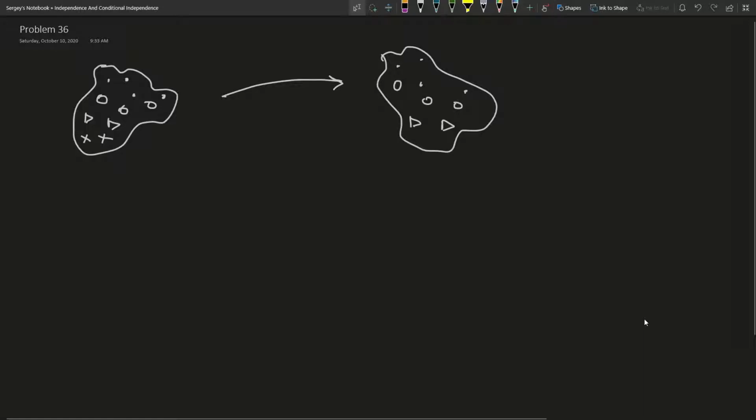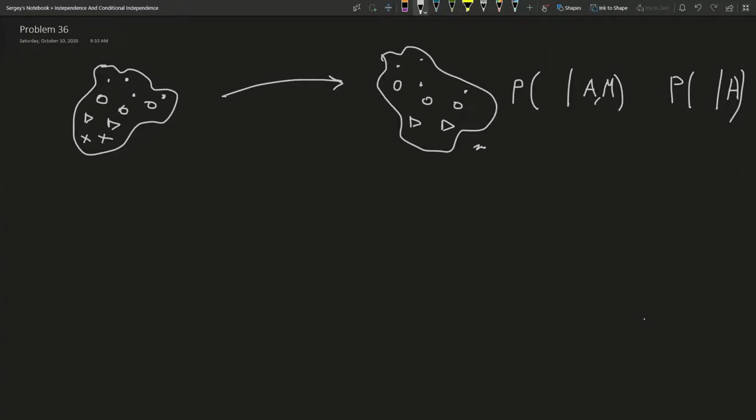And the problem asks us to explain intuitively why it is that amongst the population of accepted students, information about the student being good at math is negatively associated with the student also being good at baseball.